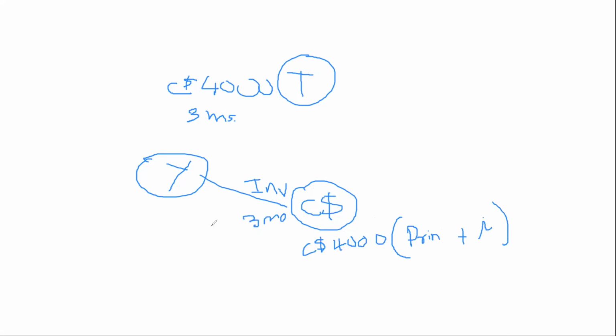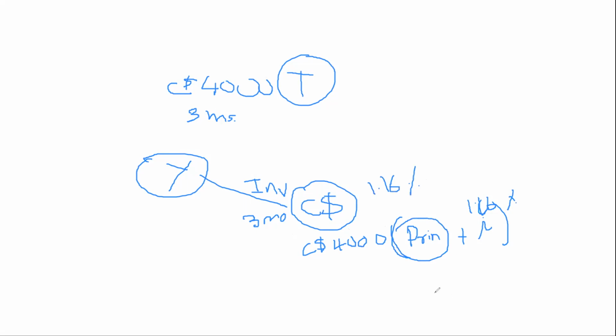Now we know that for this amount of the investment, you are paying 1.16% interest. So this is your interest payment. Then we don't know how much we need to invest in order to get total of Canadian dollar 4,000 at the end.